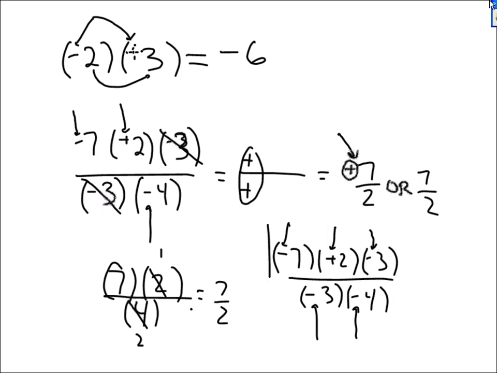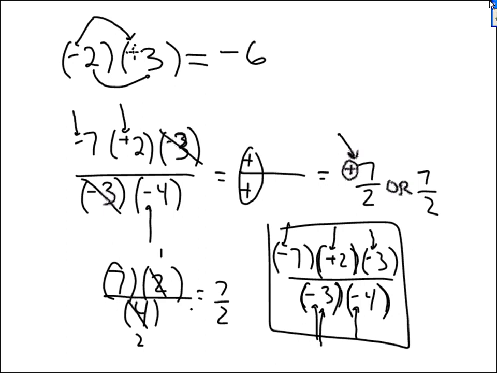Now, over here, you shouldn't see any signs because we dealt with the signs. When I look here in this bracket, I see 3. When I look in here, I see 4. In here, I see 2. Well, 3 goes into both of these numbers 1 time each.